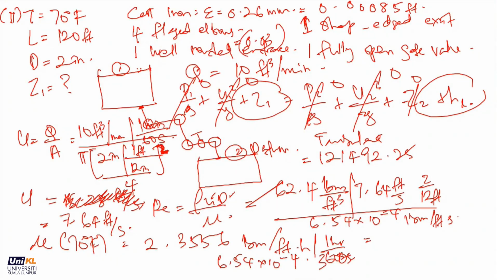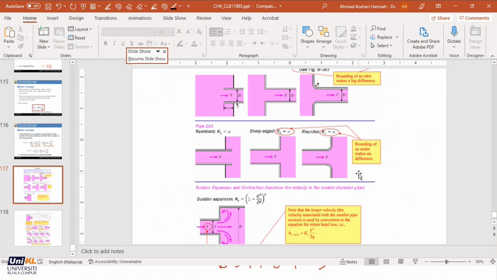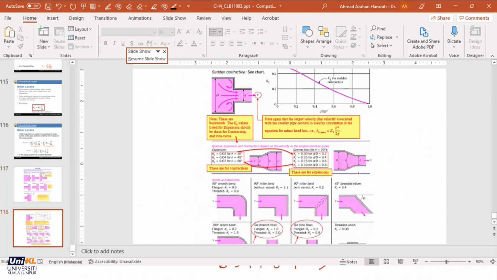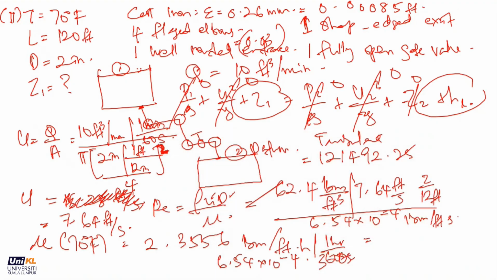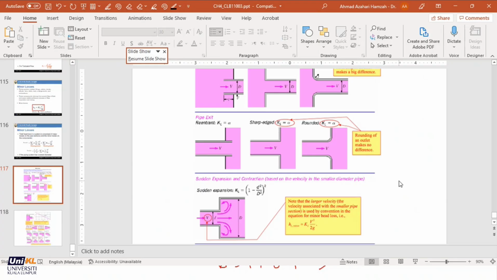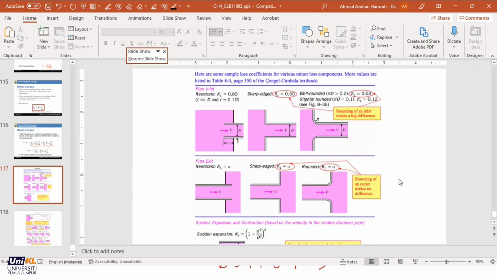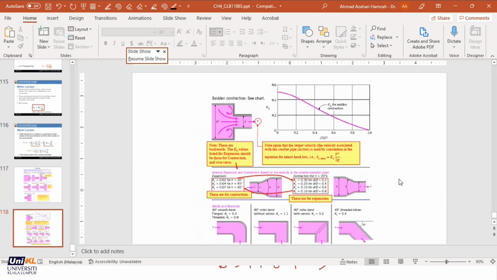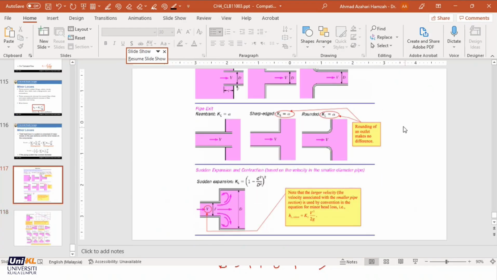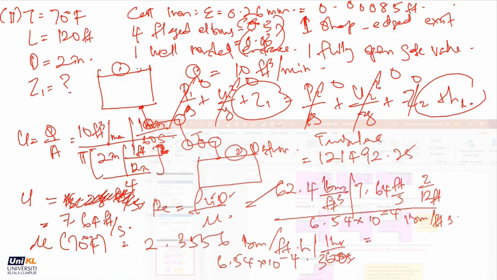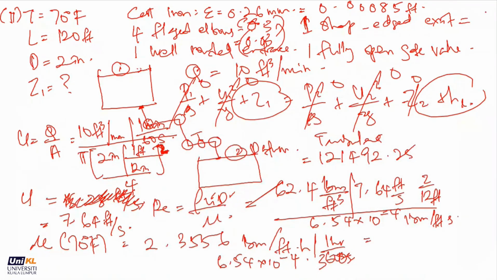Standard flanged elbow, okay this is 0.3. Elbow 0.3. Take the sigma. Okay, sigma 1. The exit. Okay, 0.2, 0.03, 0.3.